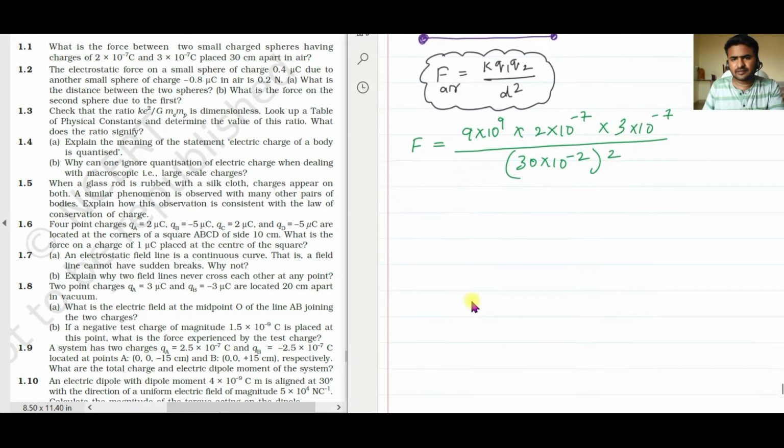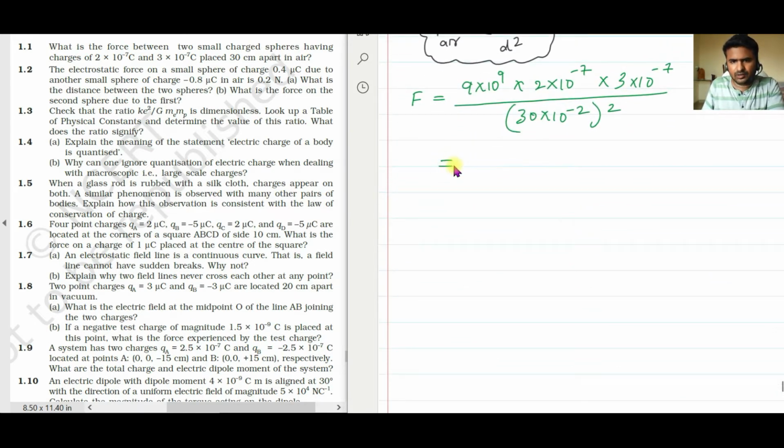Further simplifying, the numerator is going to be 9 into 2 into 3 multiplied by 10 power 9, and 10 power minus 7 into 10 power minus 7 is 10 power minus 14. So 10 power 9 into 10 power minus 14 is 10 power 9 minus 14, whole divided by, in the denominator, 30 square, which is 900, into 10 to the power of minus 2 the whole square, which is 10 to the power of minus 4.